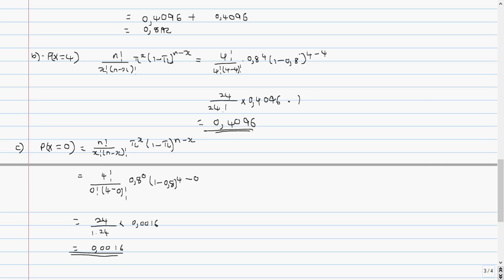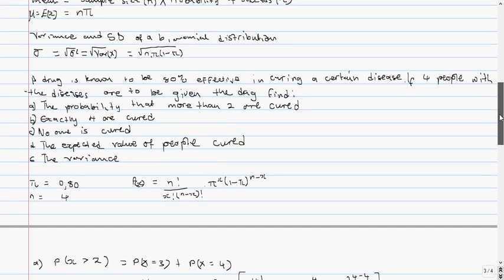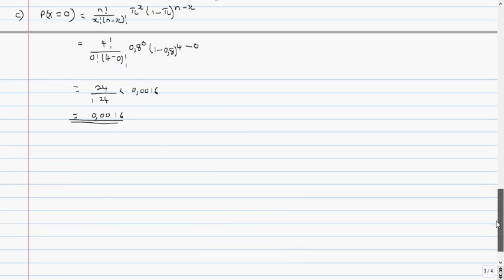Now let's go to the next one, which is the expected value of people cured. That one is our expectation, and we said expectation is mu, which is equal to the expectation of x, which is equal to the number of people cured times the desired outcome.